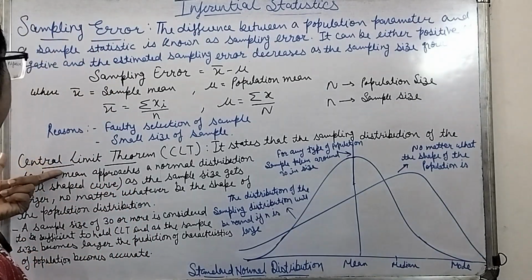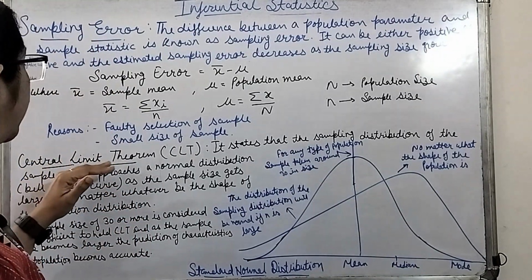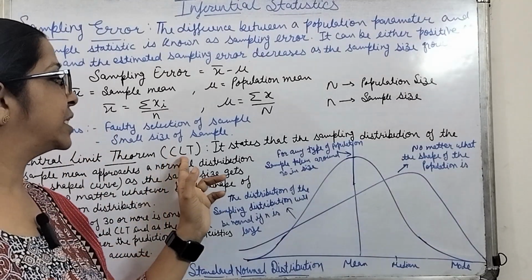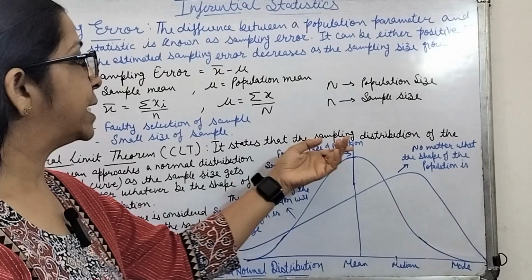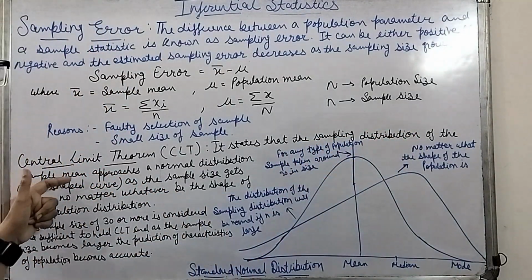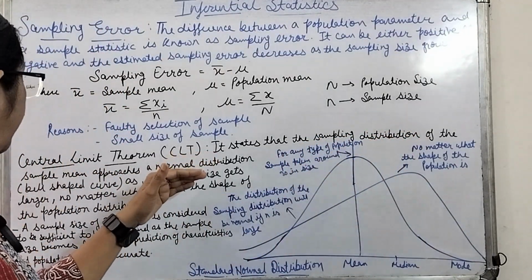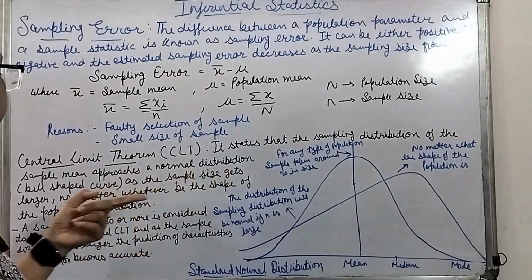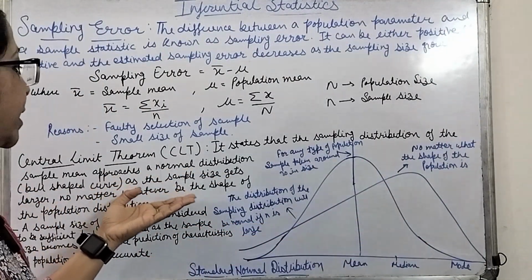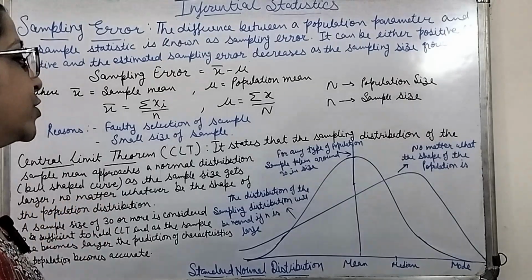Now let's see what the central limit theorem is. Central limit theorem is even known as CLT. According to the central limit theorem, the sampling distribution of the sample mean approaches a normal distribution, that is your bell-shaped curve, as the sample size gets larger, no matter whatever be the shape of the population distribution.